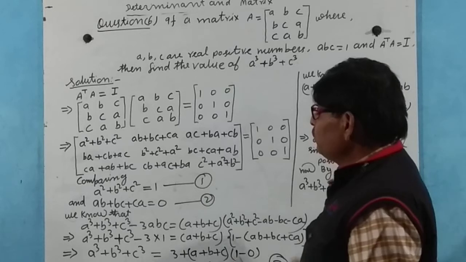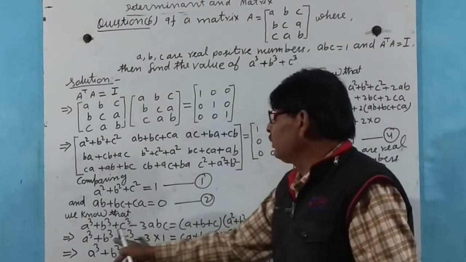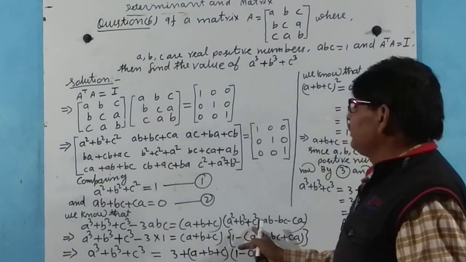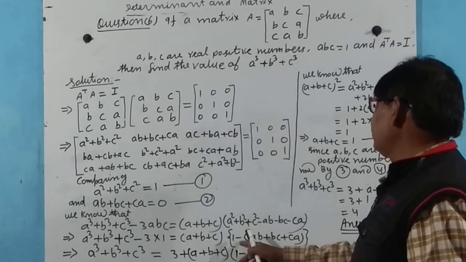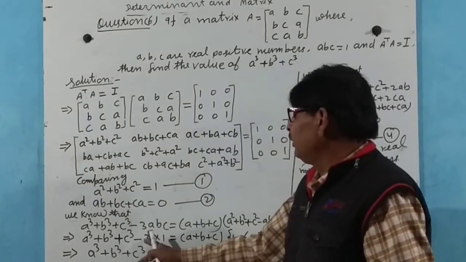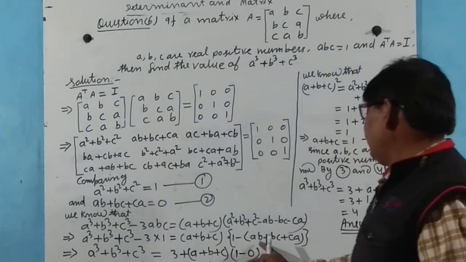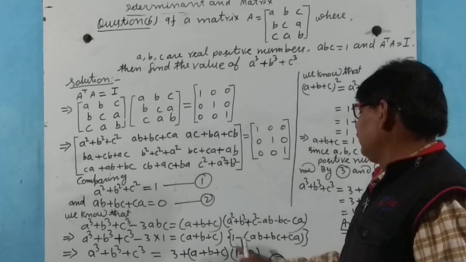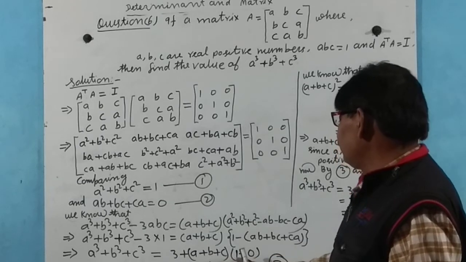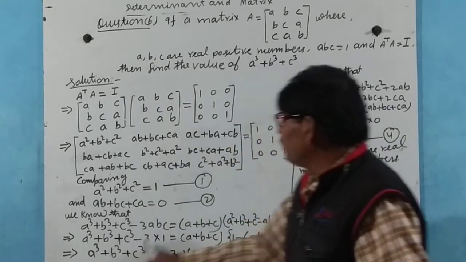Putting the value abc equal to 1, and a square plus b square plus c square equal to 1, and taking the minus common from ab plus bc plus ca which is 0, we get a cube plus b cube plus c cube minus 3 equals a plus b plus c times 1. So a cube plus b cube plus c cube equals 3 plus a plus b plus c.